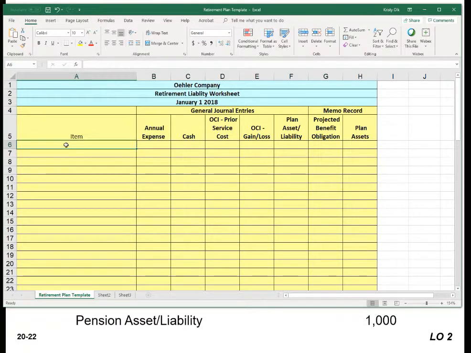And plan assets on January 1st, 2018 were in the amount of $450,000. The projected benefit obligation is $450,000.